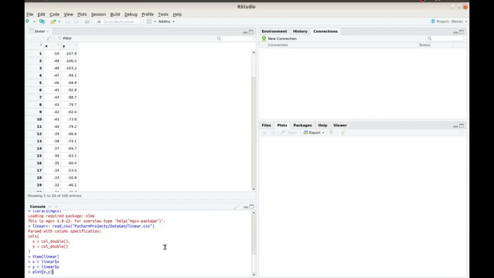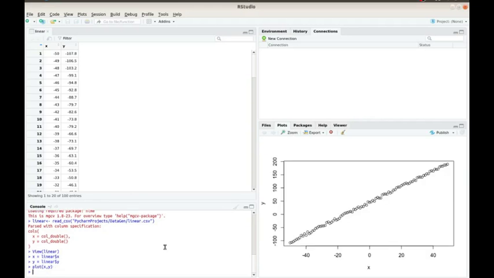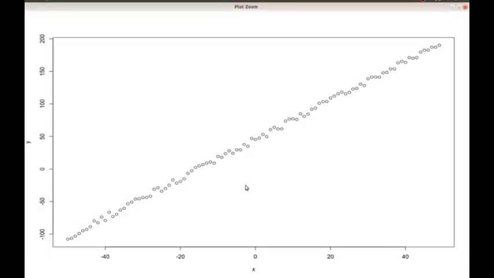I just say plot x and y, and when I do that, you will see that I have a pretty close to straight line. If I zoom into this, you will see that the data is almost linear. For the most part it is. I threw that randomness in to allow us to see what R is going to represent in this equation.